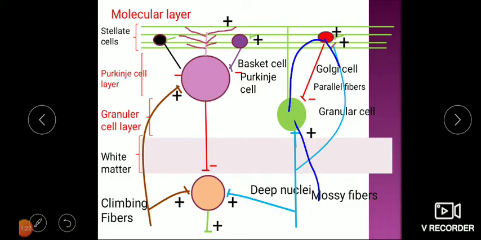Output coming from deep nuclei is excitatory. Output coming from Purkinje cell is inhibitory. It is the only output coming to the deep nuclei, and this Purkinje cell is getting excitation from the granular cell and inhibition coming from all three cells, that is Golgi cell, basket cell and stellate cell. So like this, a good circuit is created and the output is excitatory with a brake on it.